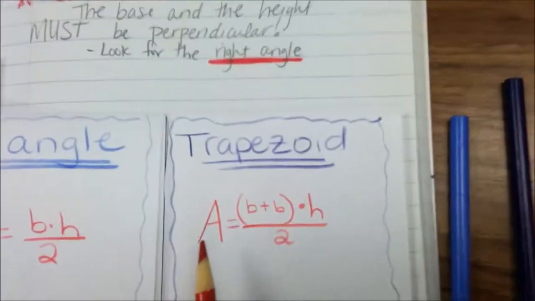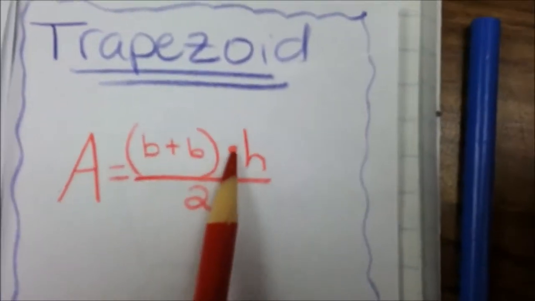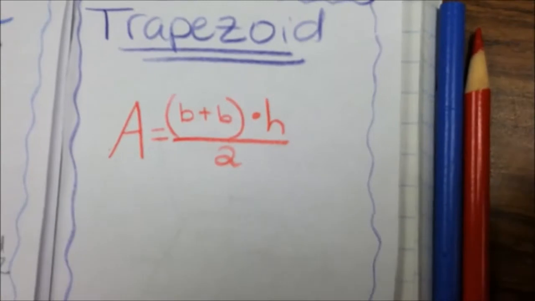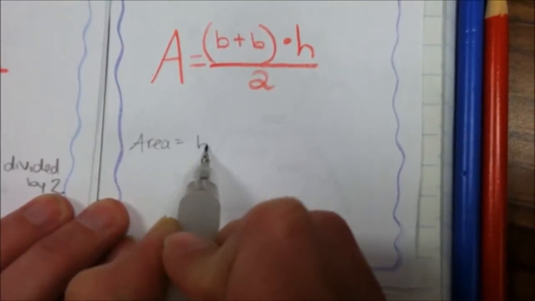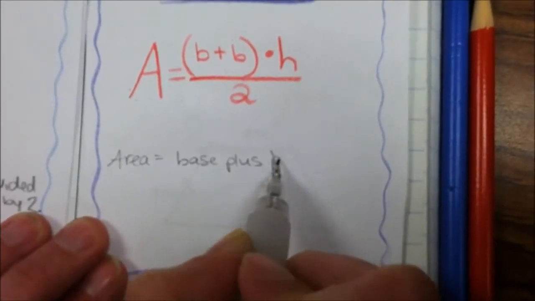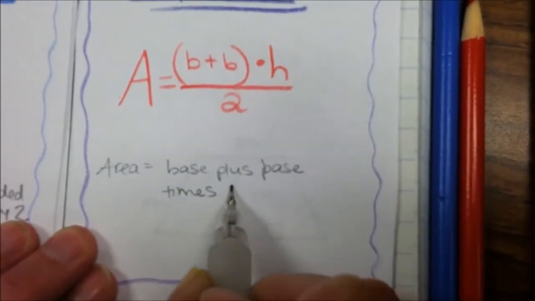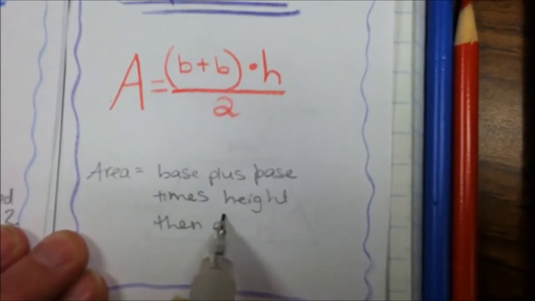So I know that looks a little strange. Area equals base plus base times the height divided by 2. And if you want, you can write that out to help you remember in case you forget. Area equals base plus base times height, then divide by 2.